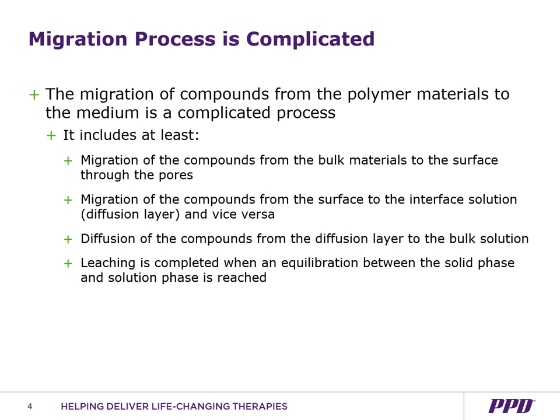Leaching really isn't completed until an equilibrium is established between the solid phase and the solution phase. A lot of different factors go into the migration process, and I will touch on this again later in the presentation.